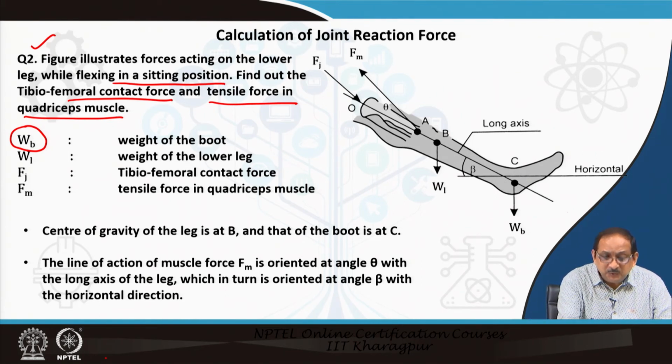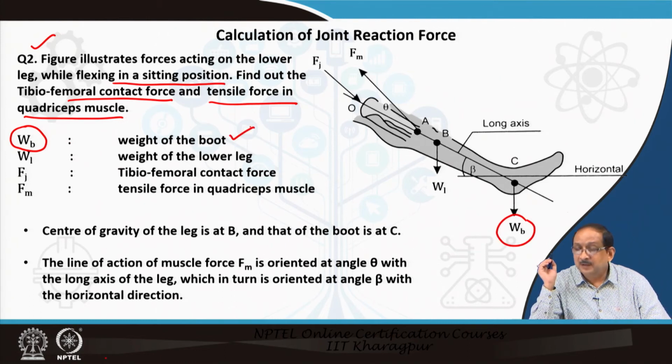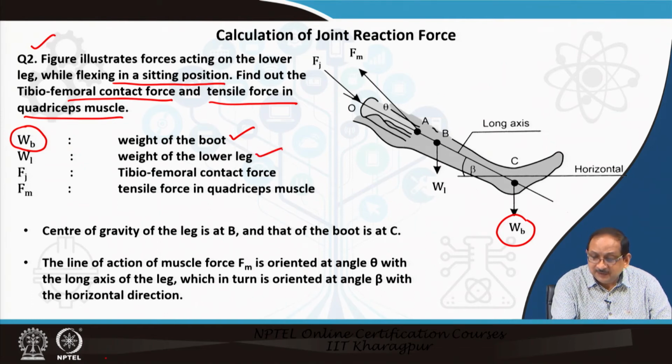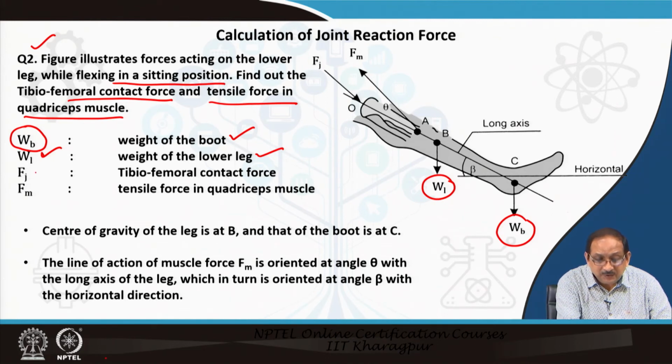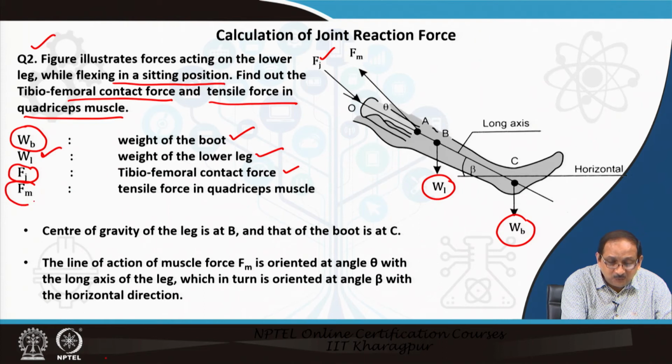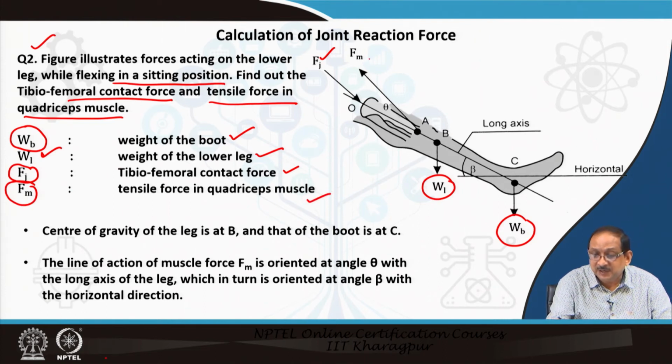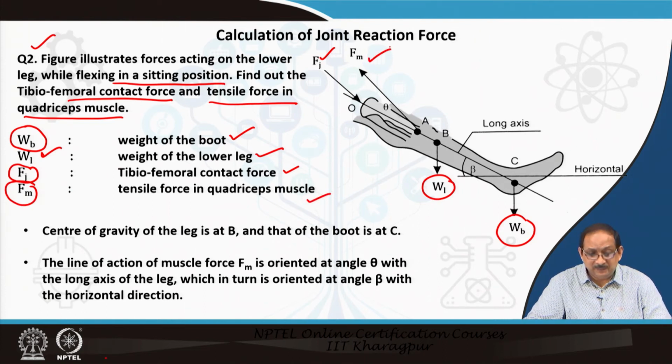So, the weight of the boot is indicated by WB. The weight of the lower leg is indicated by WL. The tibiofemoral contact force Fj is indicated in the figure, and the tensile force in the quadriceps muscle is indicated by Fm.